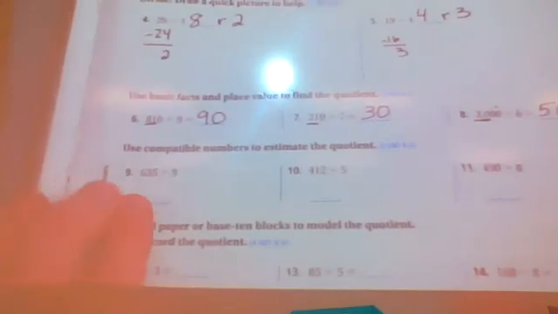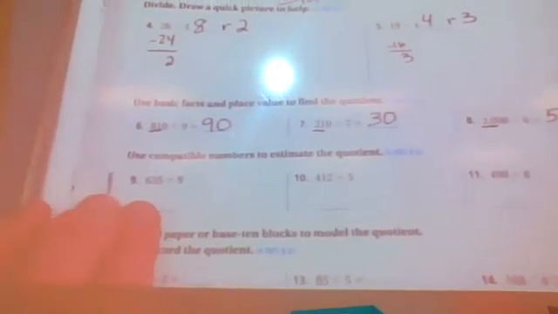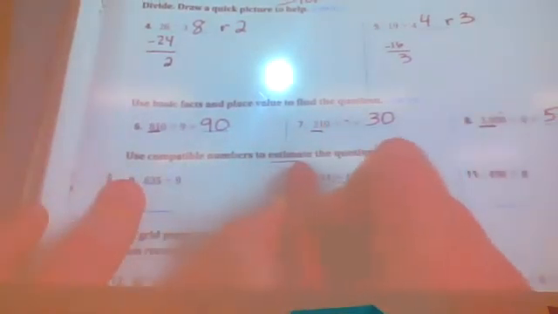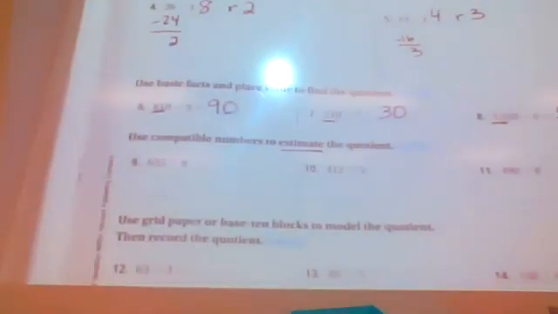Number 9. It says use compatible numbers to estimate the quotient. Compatible, meaning something easy in our heads. The other word we need to look at is this. Estimate is a key word.